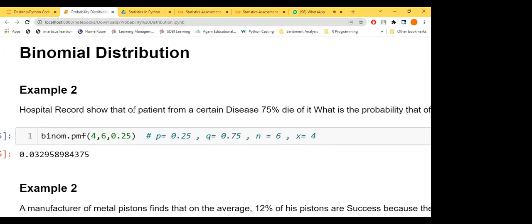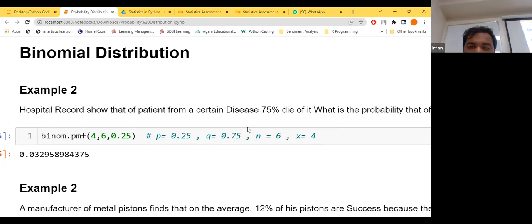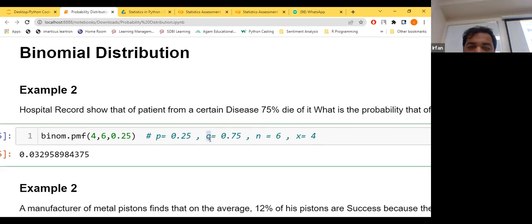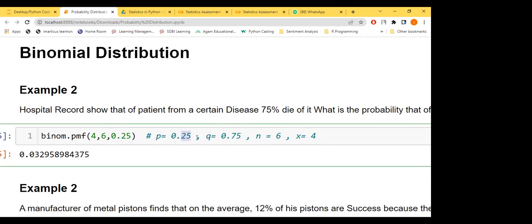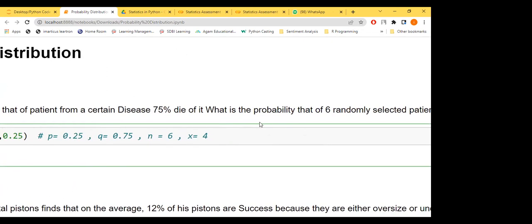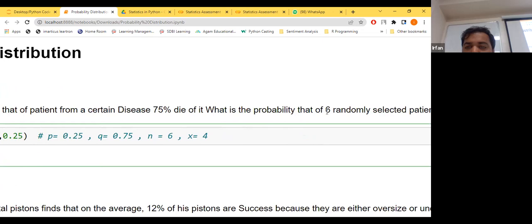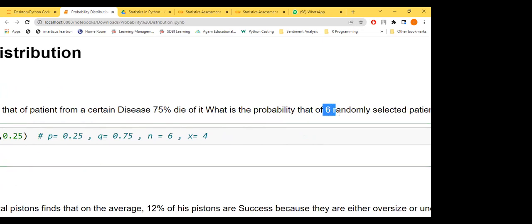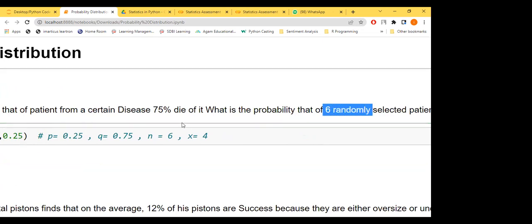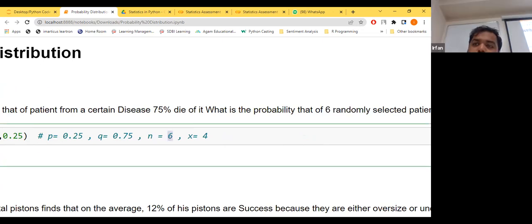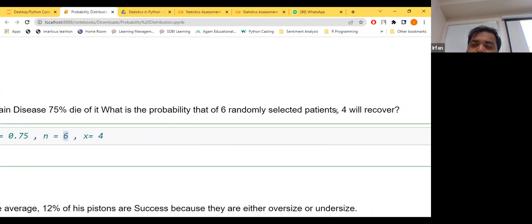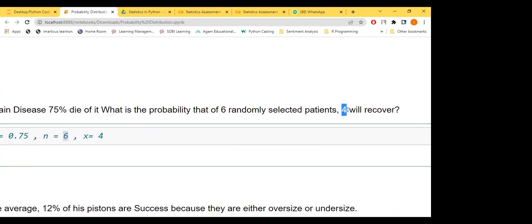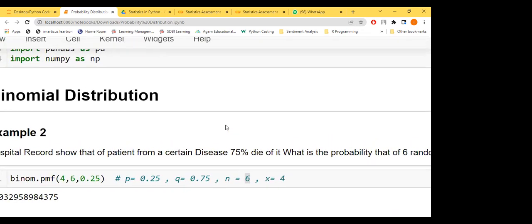Hospital records show that patients from a certain disease, 75%. People who die are failure, no? Yes, sir. Success will be how much? The remaining 25%. How many patients do we select? 6. N will become 6. Out of 6, how many do we want to recover? 4. Got the point? Yes, sir.